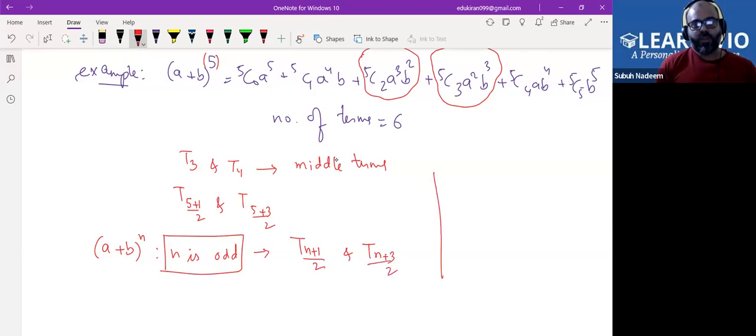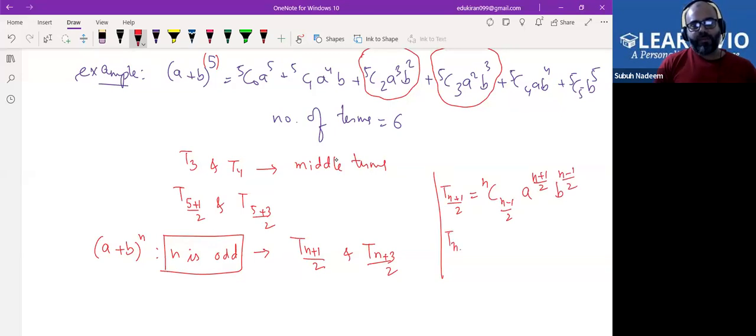Now what is the (n plus 1) by 2th term? Here r will be (n minus 1) by 2, because this is r plus 1, which is 1 less than (n plus 1) by 2. So r is (n minus 1) by 2, with a to the power (n plus 1) by 2 and b to the power (n minus 1) by 2.